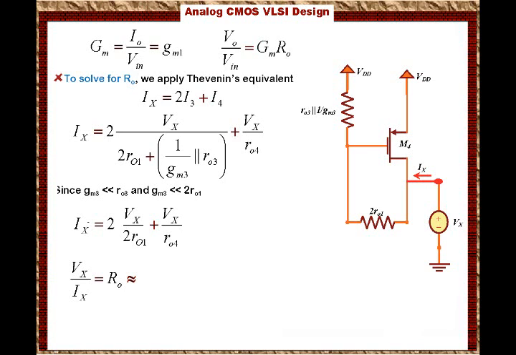That's the output Thevenin equivalent resistance, and that will equal 1 over RO1 plus 1 over RO4, inverse. And let's express it as RO2 in parallel with RO4, because RO1 and RO2 are the same, which is the same conclusion we reached before, that the output resistance of this amplifier is the output resistance of M4 in parallel with M2.